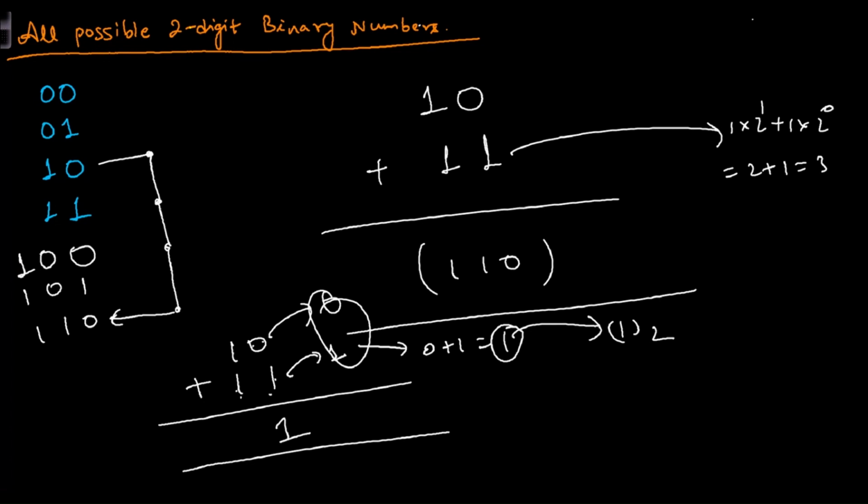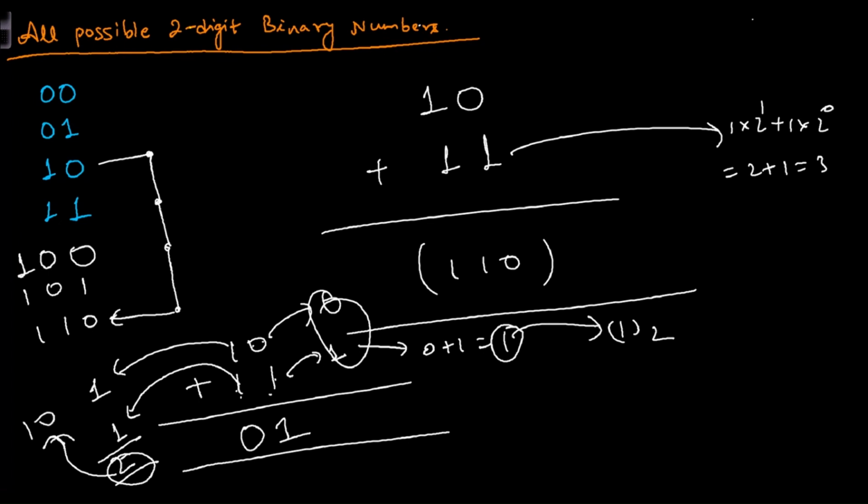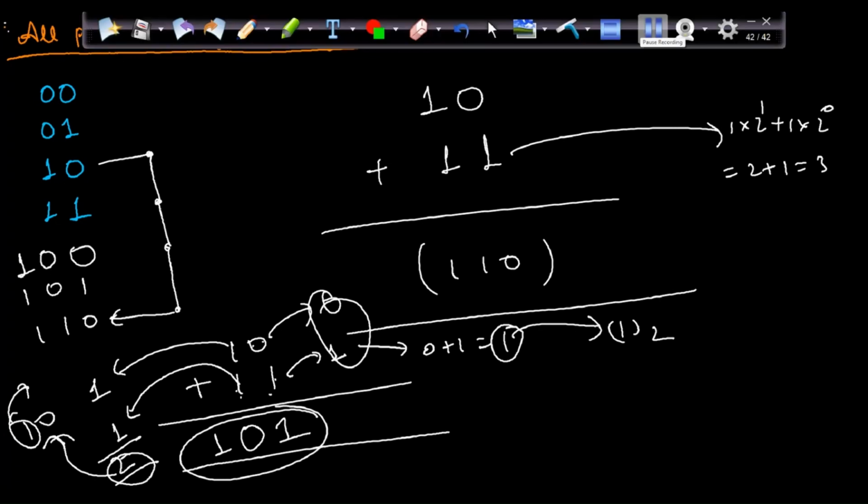Then 1 plus 1. The equivalent of 1 in decimal is 1. When you add these two, you get 2. And what is the equivalent of 2 in binary? It is 10. It means that at this position it will be 0, and this 1 will be a carry. So 101 is the answer. Okay.